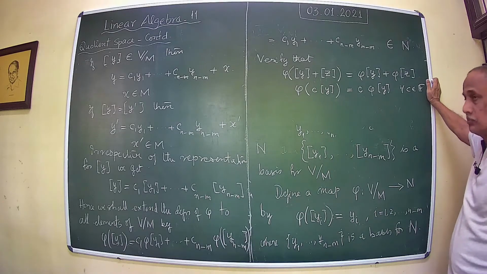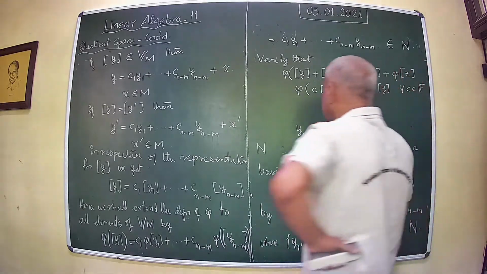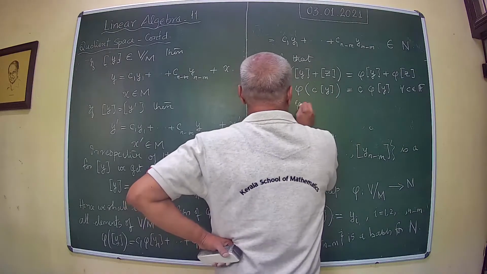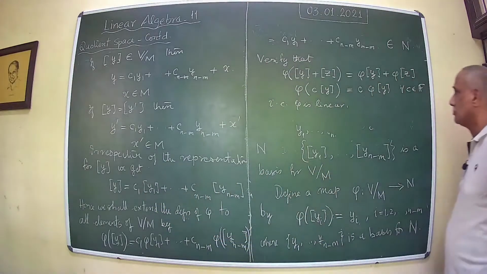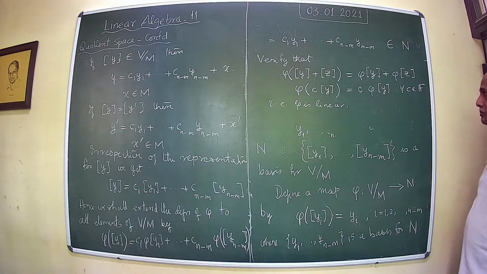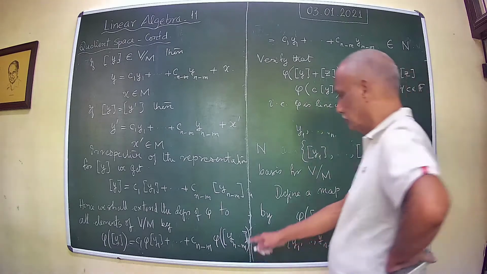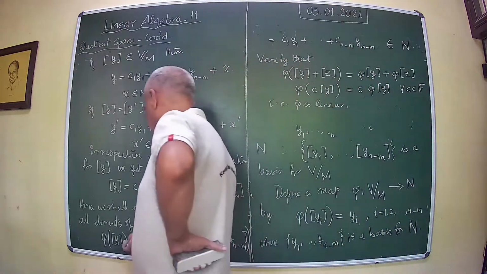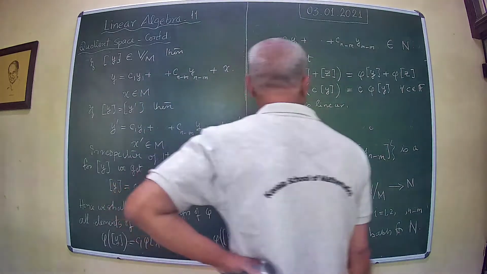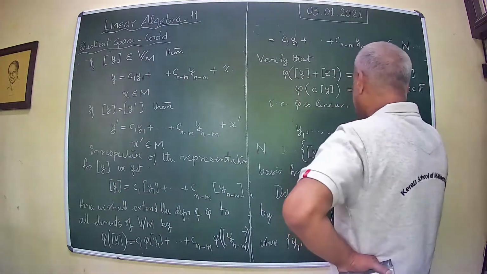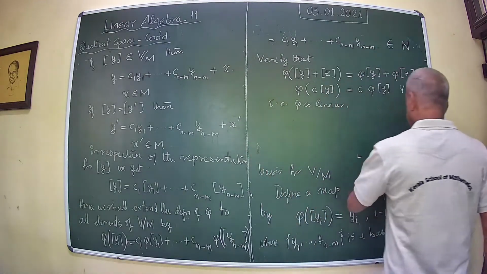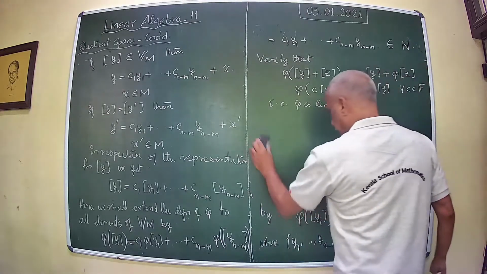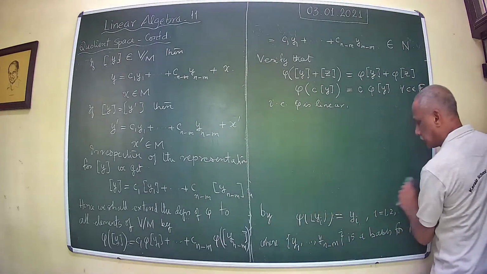Right? So these are the things to be checked. So phi is linear. This will give you that. This is the definition of phi. So you have phi of y, phi of z defined, and then add that, and it's just a routine manipulation that you have to do, working with the basis y1, y2, etc. yn minus m.